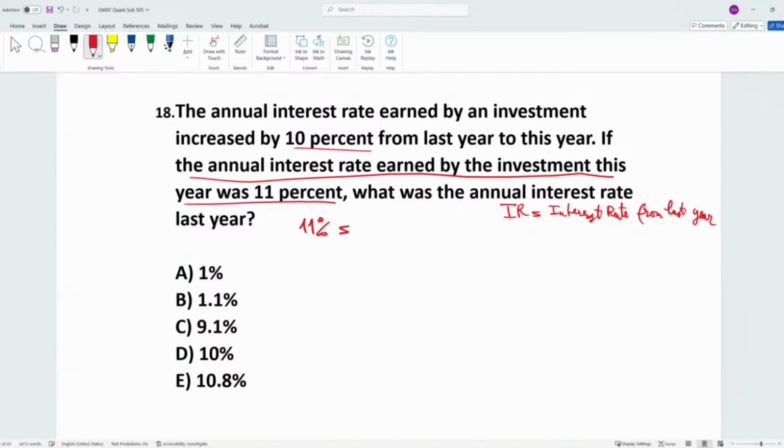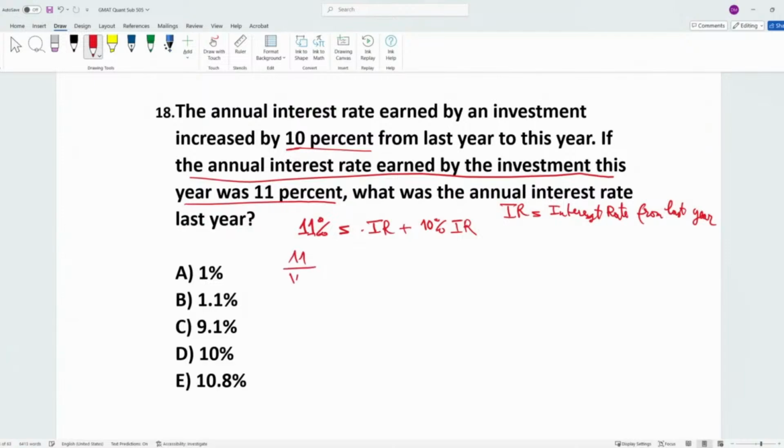Okay, and what it is saying is that 11% is actually an increase of 10% of last year's interest rate. So it's simply equal to IR plus 10% of IR, which gives us the 11%.